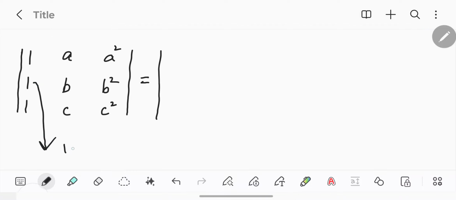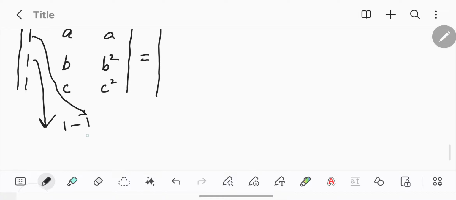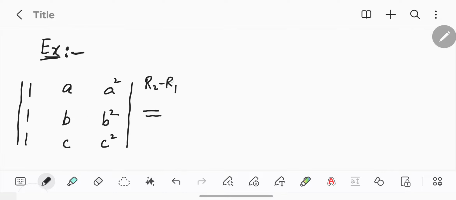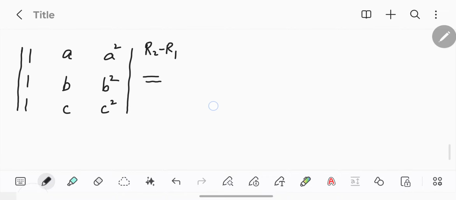Because this is 1, if I subtract this 1 from here, then I will get 0. This means if I subtract R1 from R2, I will get 0, because this is R2 and this is R1. So the first operation which I have to perform in R2 is R2 minus R1.